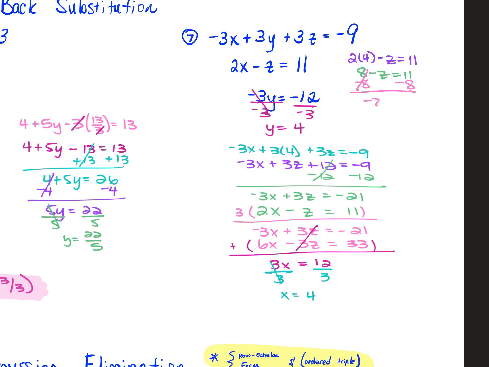You get negative z is equal to negative 3. Divide each side by the negative 1, and z is positive 3. So if your x is 4, your y is 4, and your z is 3, it's just the ordered triple 4, 4, 3. Yeah, this should be negative because this one's positive, so this is negative also. Thank you.